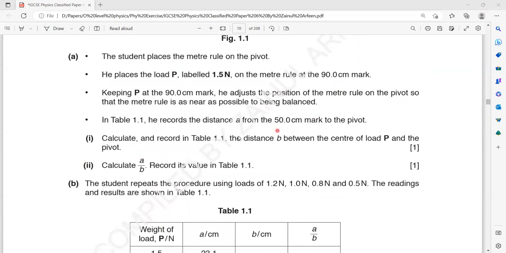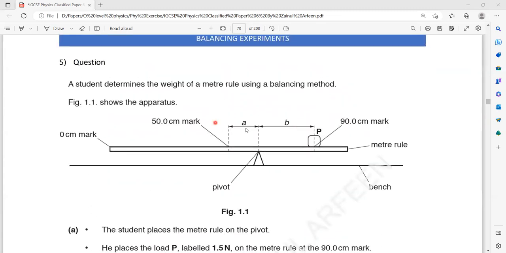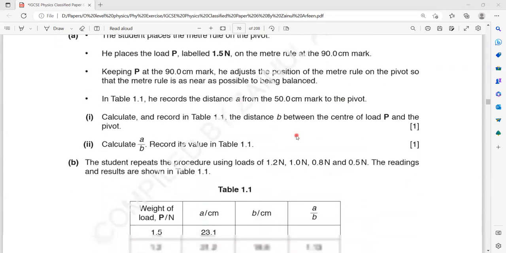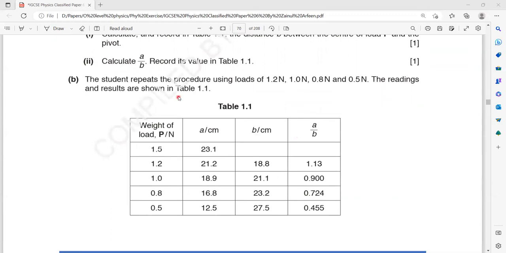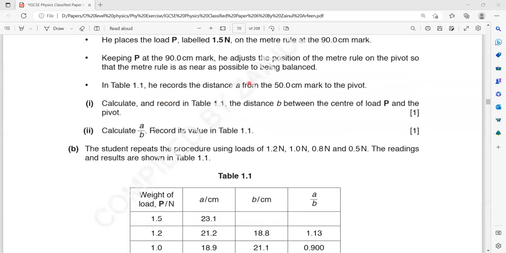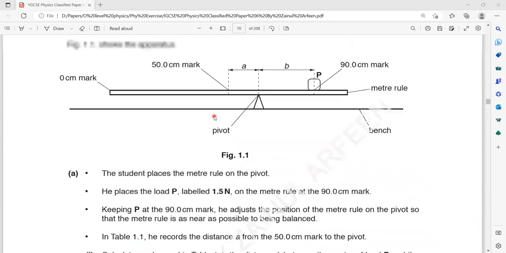And in a table, he records the distance A from the center 50 centimeter mark, and then calculates and records in a table the distance B between the center of load P and the pivot.